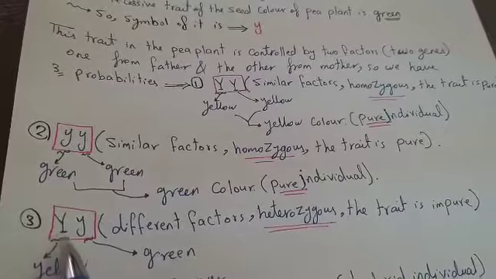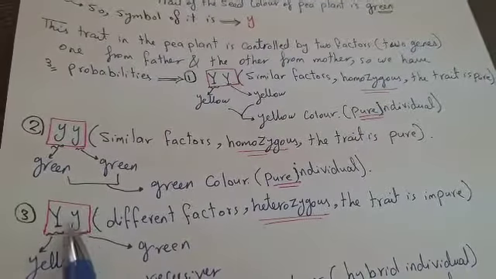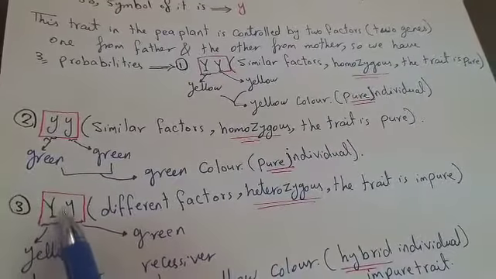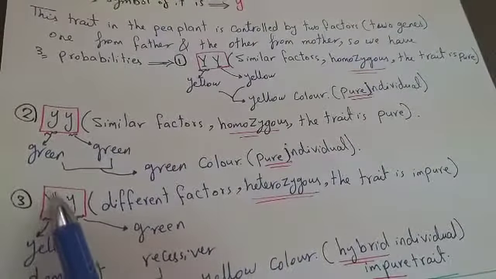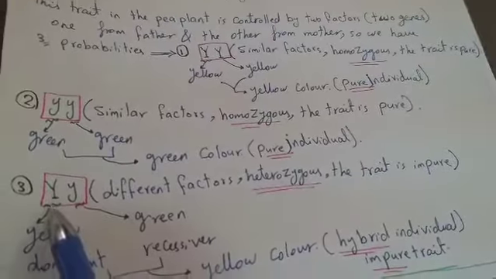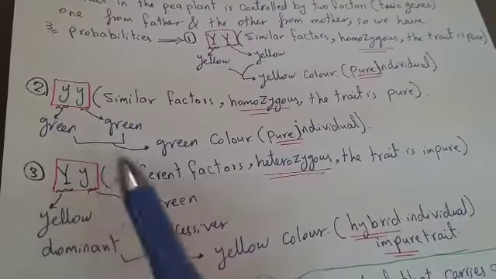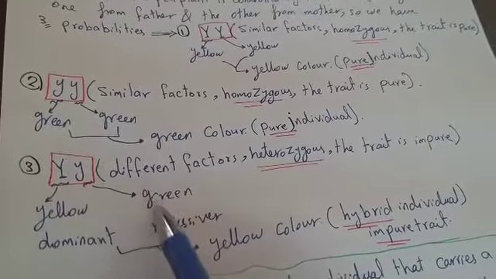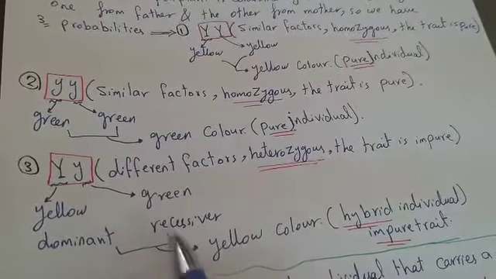The third probability, Y capital, Y small: they are different factors. This comes from the pollen grain from the father, dominant trait, yellow color. And this comes, for example, from the ovum of the mother, green, recessive trait.